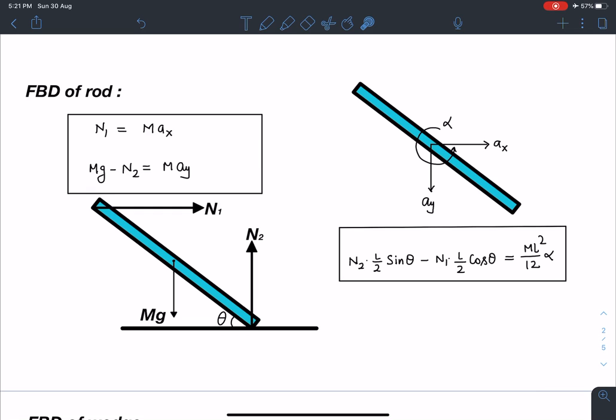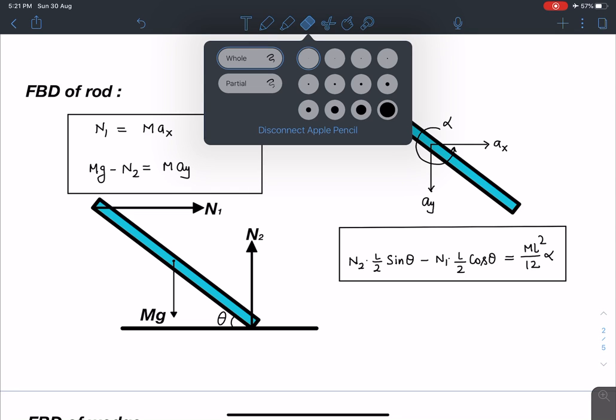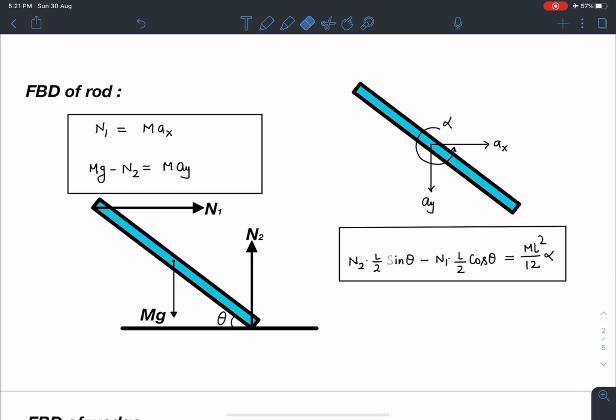N2 into L cos theta is going to come here. You can see this is going to be the cos theta component. There is a slight correction. So you can see here N2 into L by 2 cos theta. I'll write this correction here.